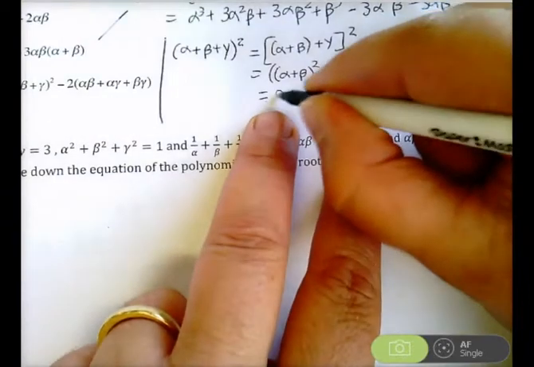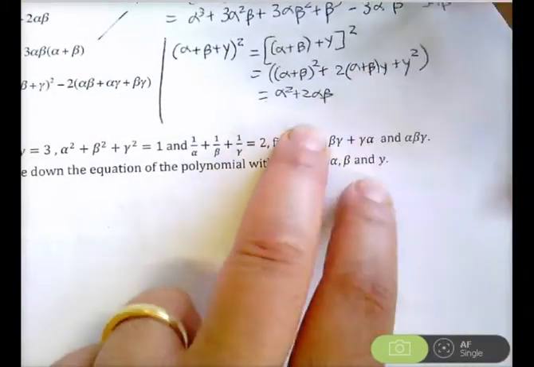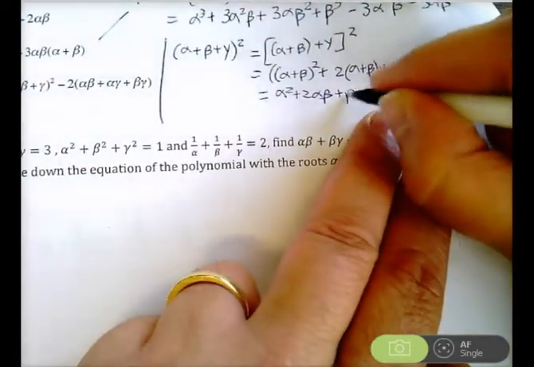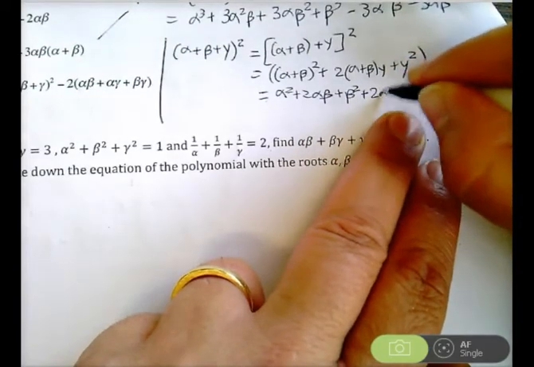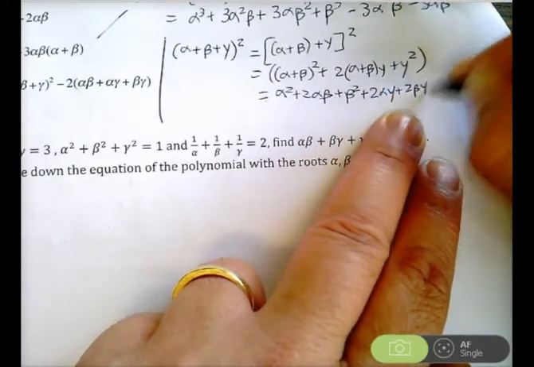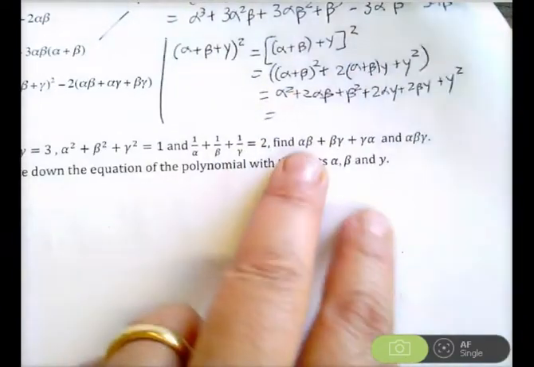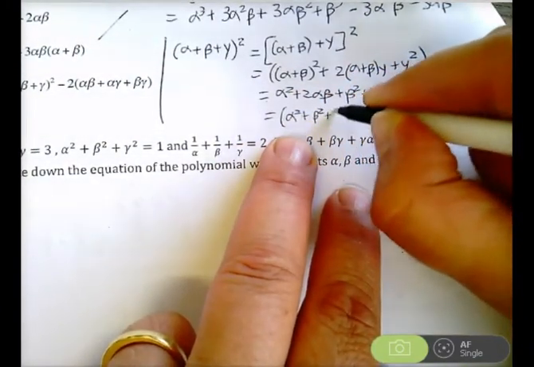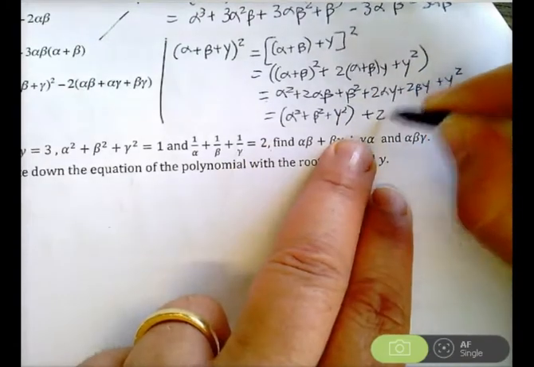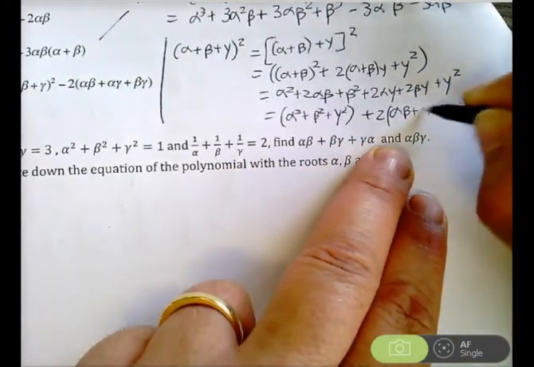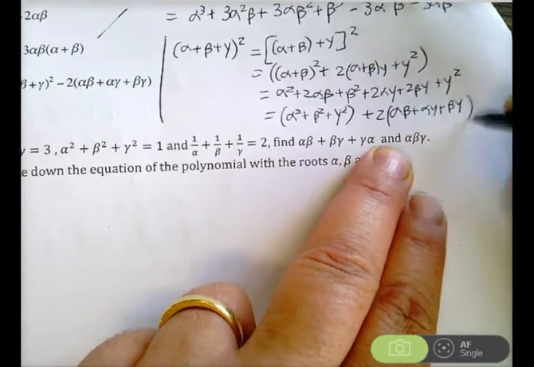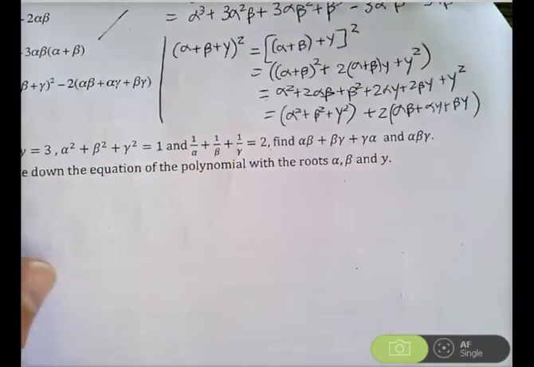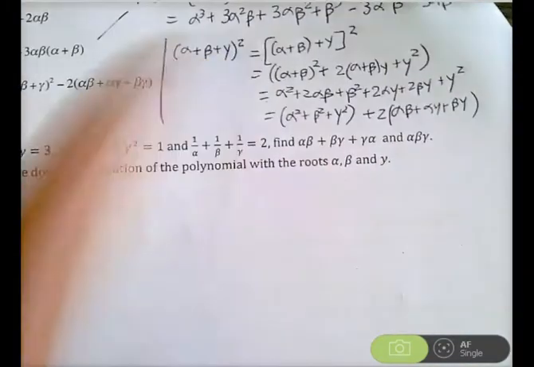So you get alpha squared plus 2 alpha beta plus beta squared plus 2 alpha gamma plus 2 beta gamma plus gamma squared. And then you can just put your alpha squared plus beta squared plus gamma squared together plus 2 lots of alpha beta plus alpha gamma plus beta gamma. And then if we want this, you're just taking that over to the other side.